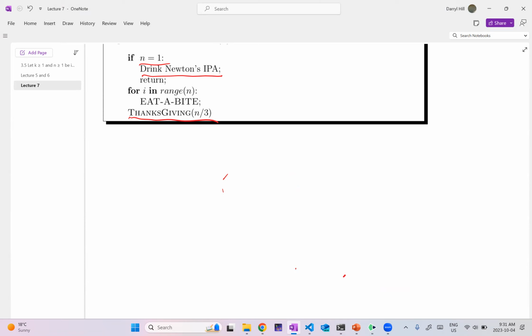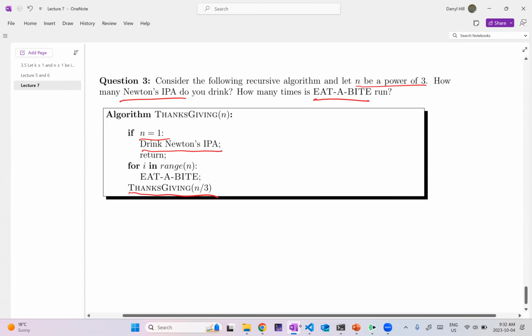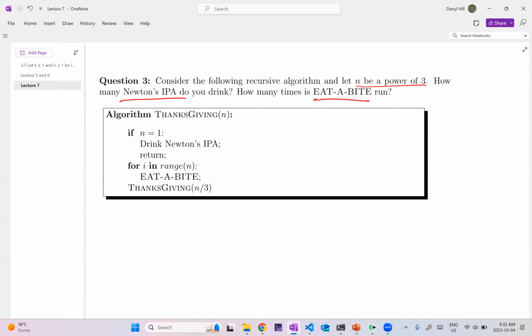So let's look at how many bites of Thanksgiving dinner we eat. Let's develop a recurrence. My T of n will be the number of times my eat a bite function is run. I'm just going to write this as a recurrence based on inspecting the algorithm.